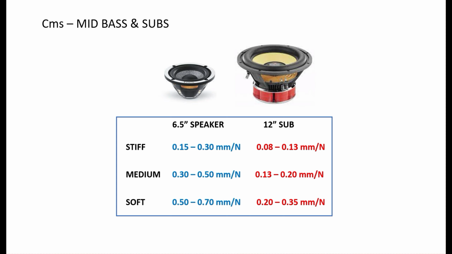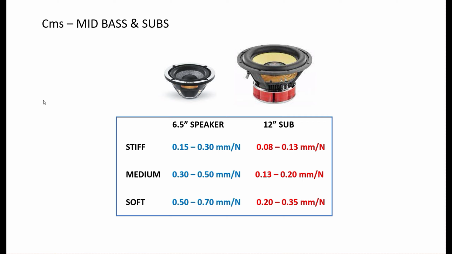Okay, so when we look at the Cms values for different speakers, I'm just going to pick 6.5-inch mid-bass and 12-inch subs as a category. Let's say you're going to pick a 6.5-inch mid-bass and put that in the doors in an enclosure, a custom box.